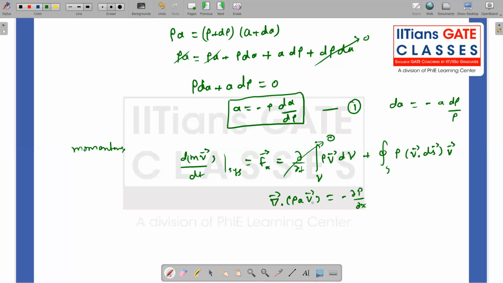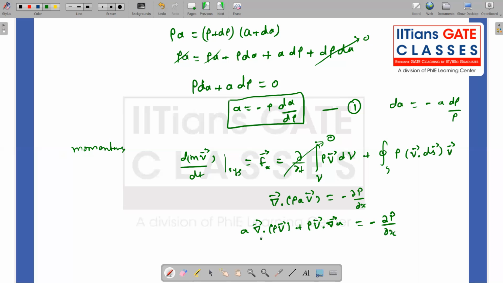Again, v is nothing but velocity, which has only one component, but let us try to expand it. If I expand it, I get this form. If I split this one, a and rho v as two different variables, that becomes divergence of rho v plus rho v dotted with the gradient of a component of velocity, equal to minus dp by dx.